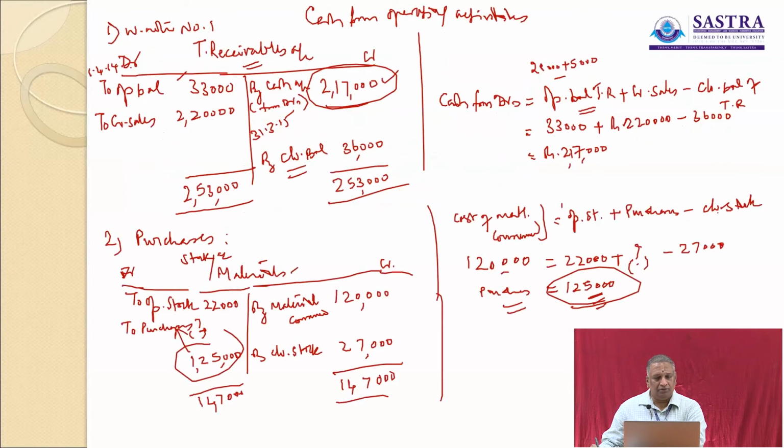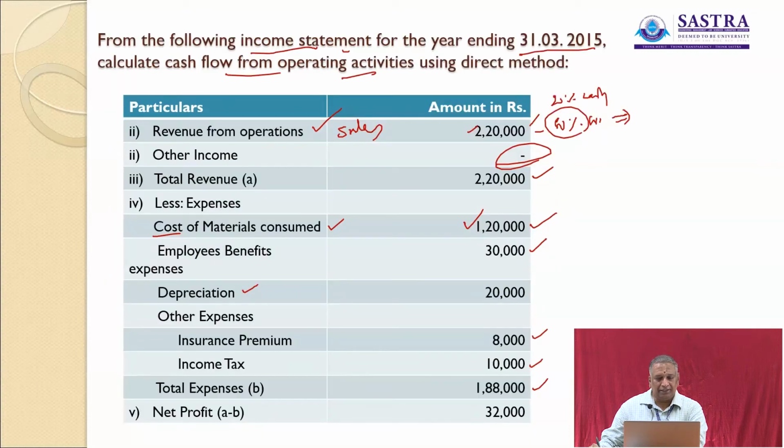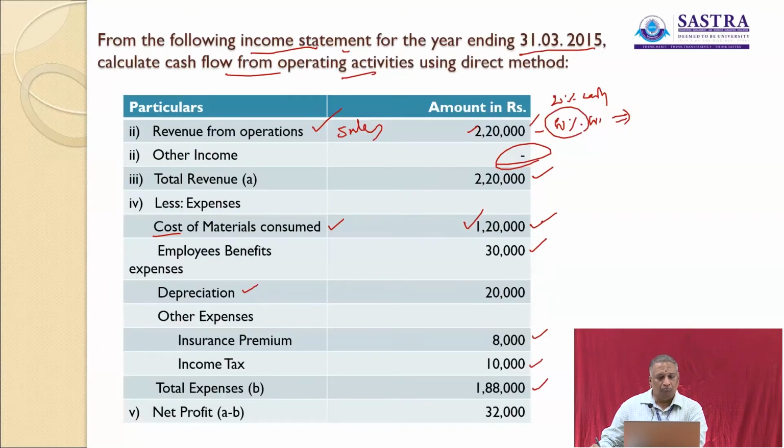We have already calculated cash received from debtors, and using the amount of purchases we calculated, we arrived at cash paid to creditors. The stock was one of the important pieces of information. By taking into account the opening and closing stock, and adjusting with the materials consumed, we managed to get purchases. We move on further now.